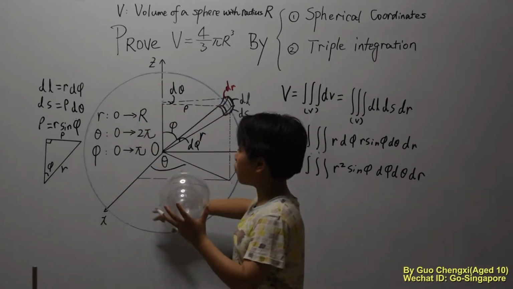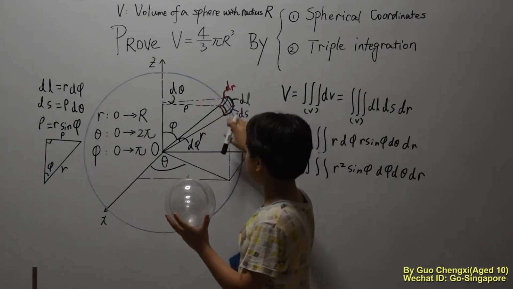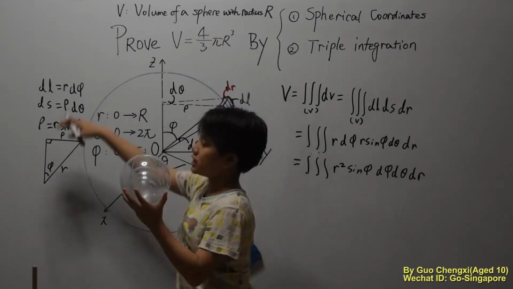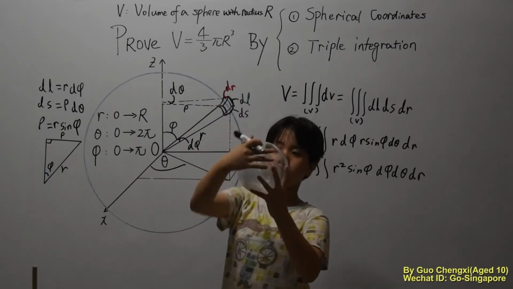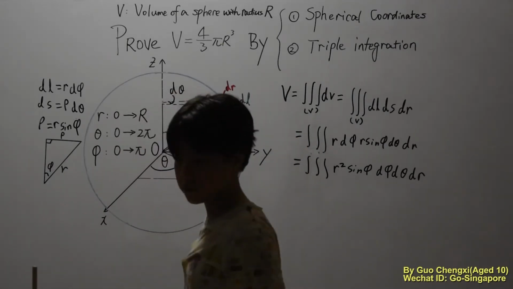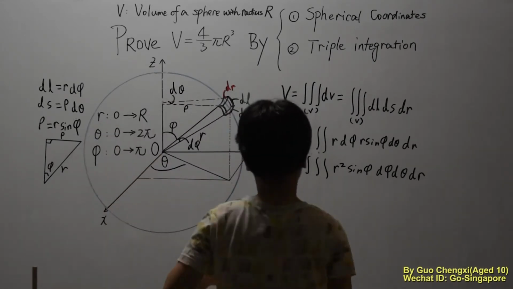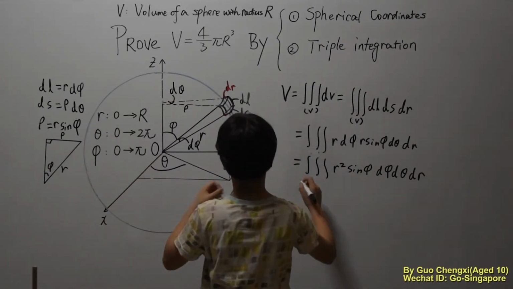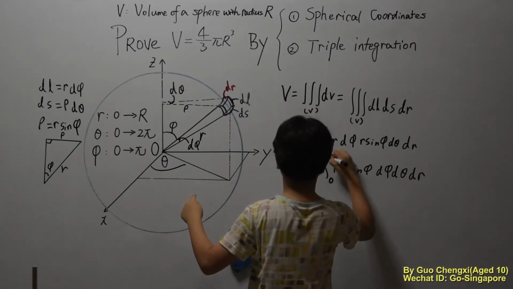This is only one of them, so that's why this is only small r. So it will be from 0 to r.